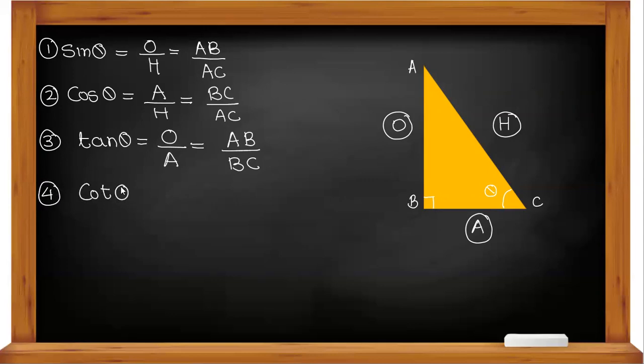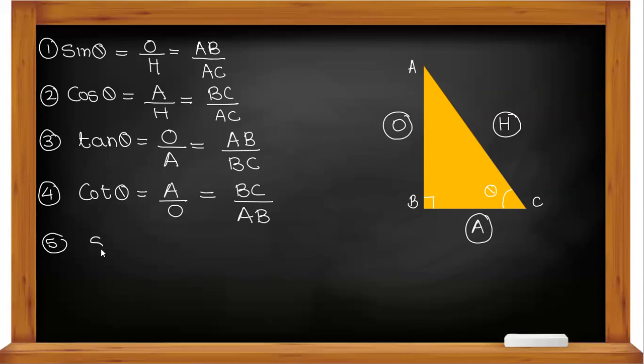The fourth ratio, which is cotangent. In short, we call it cot of angle theta, which is nothing but the reciprocal of tan theta. That means it is adjacent over opposite, which is equal to BC over AB. Number 5.